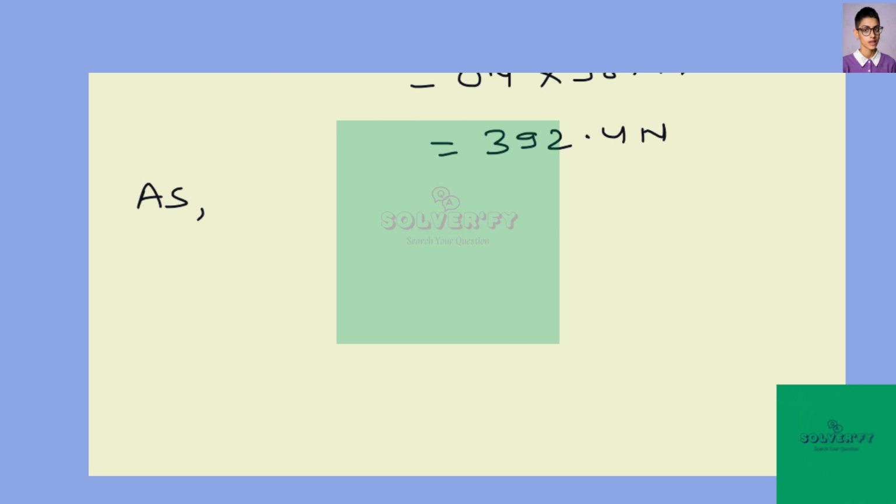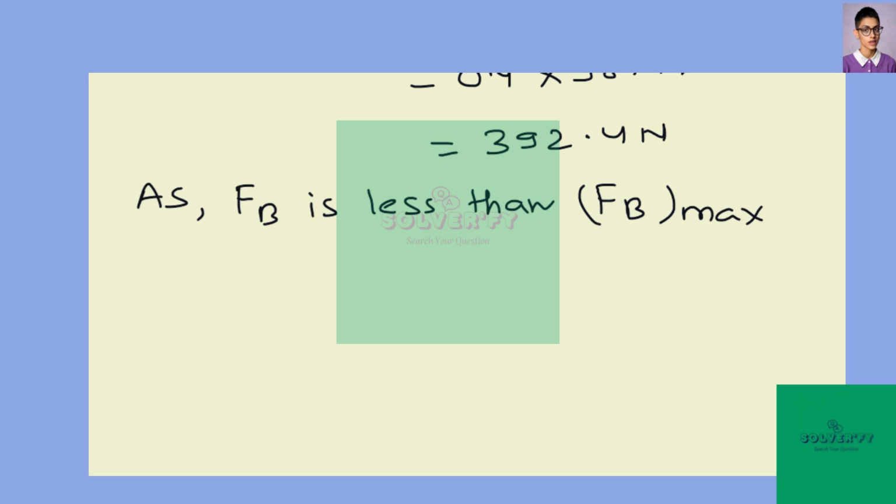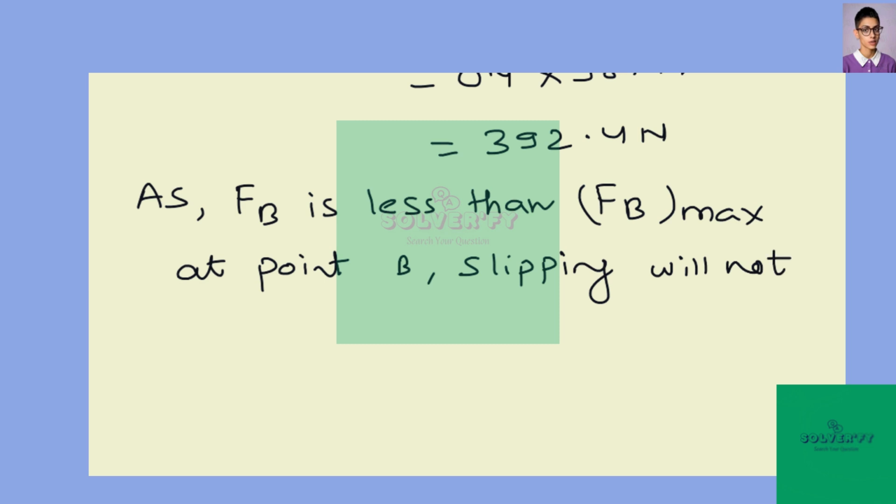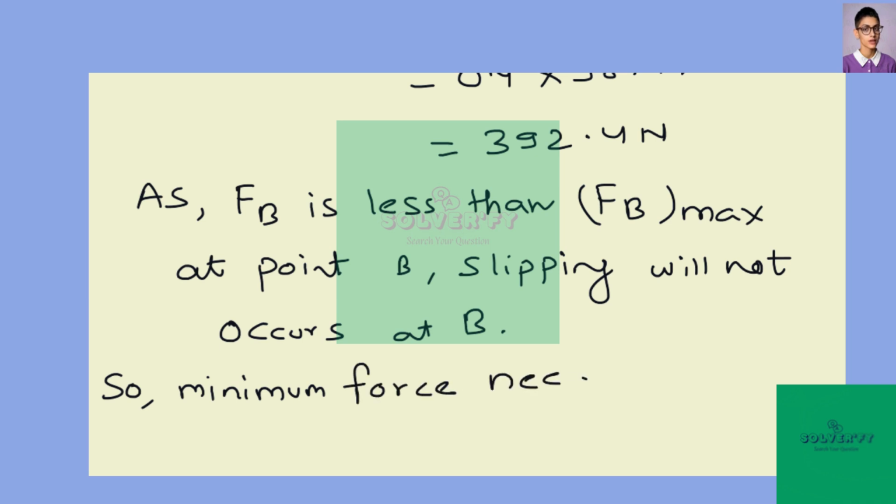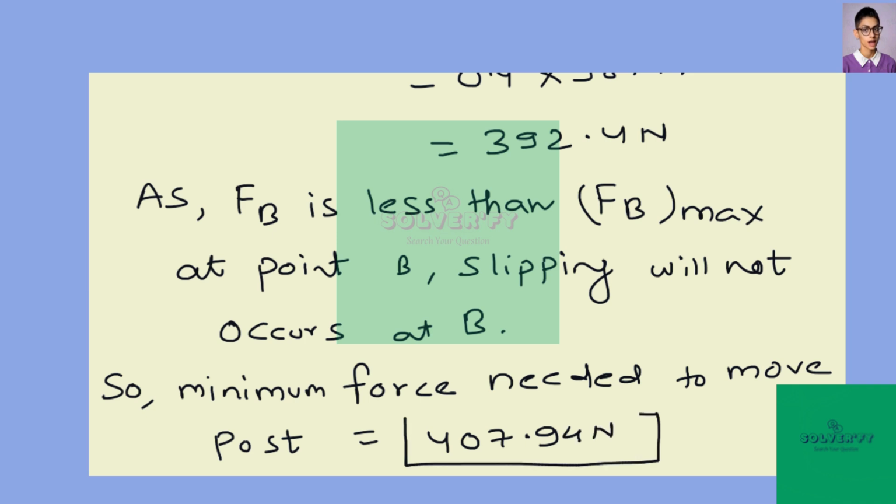As the value of Fb is less than Fb max, we can say that slipping will not occur at B. So the minimum force needed to move the post is equal to 407.94 Newton.